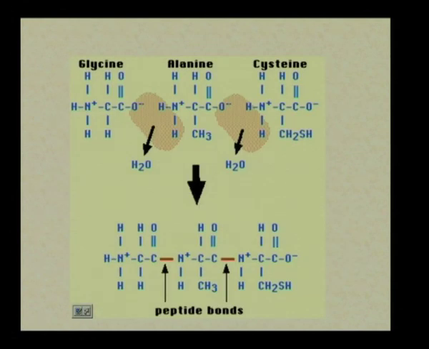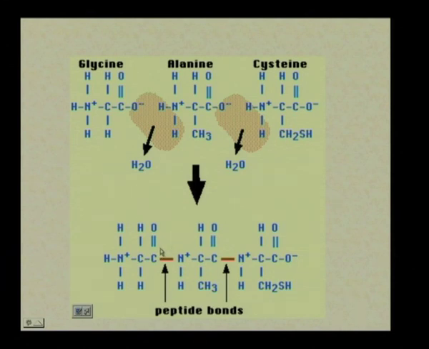Okay. Now, if we go to the next slide, we have the one that I showed you earlier, where we have the elimination of water to form the peptide bond, and in this case we have a tripeptide, and from the R groups we can identify the peptide. Now, you understand that as we have a protein chain or a polypeptide chain, this is going to get longer and longer.